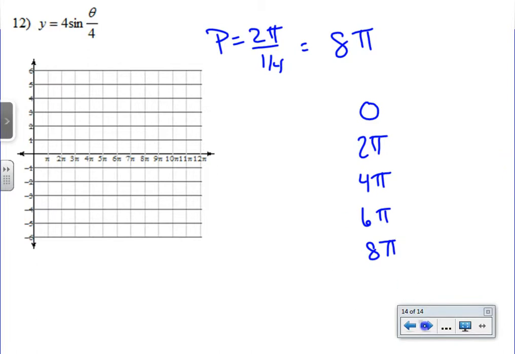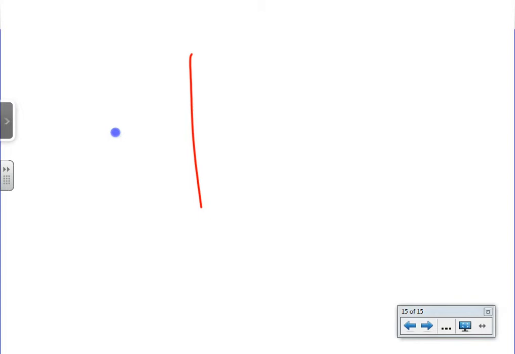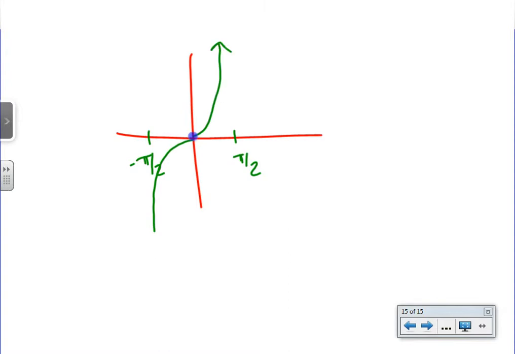Tangent, my friends, looks like this. He's got a period length of pi, actually, and he squiggles through the origin. So if I just graphed a normal tangent, he looks like this.